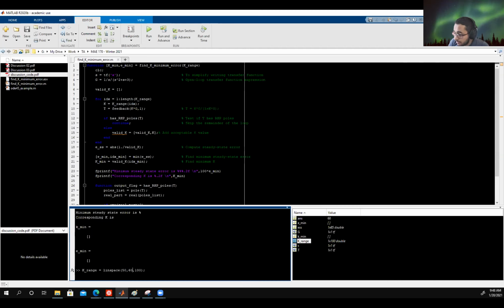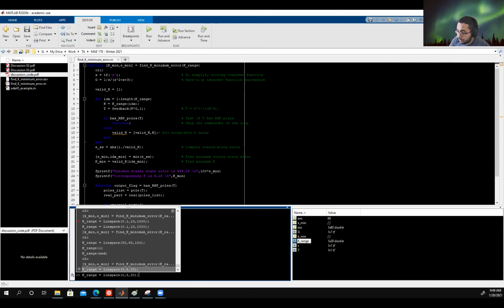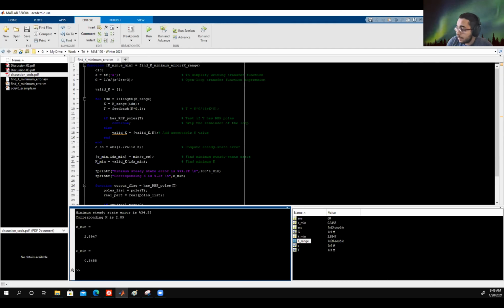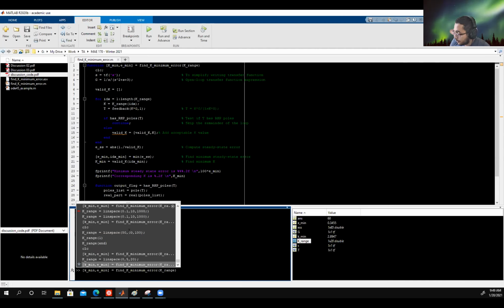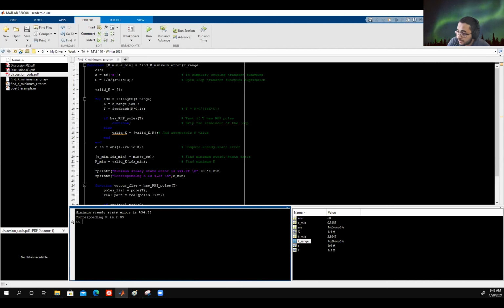Let's try that k range instead goes from 0 up to 5 with 20 elements in this range, for instance. Okay. Now let's run this again. We see that the minimum steady state error we got for these values of k is 34.5%, and the corresponding k is approximately 2.9, right?